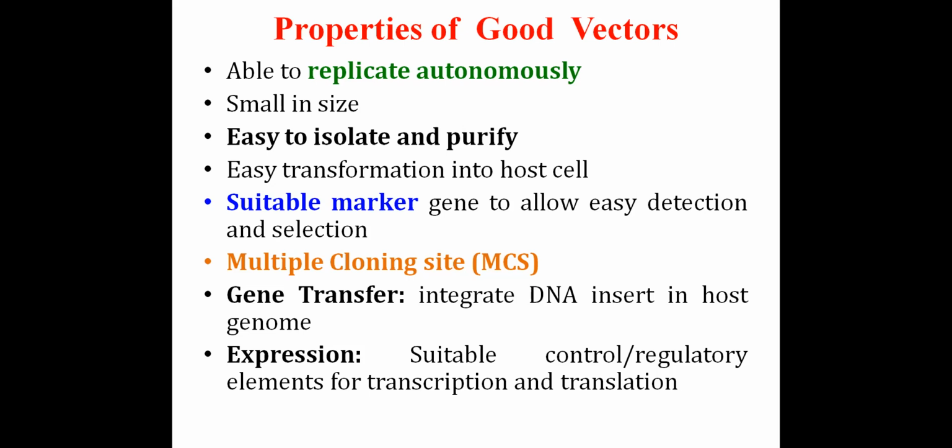But there must be some fragment where there are sites for different types of restriction enzymes. So when there is a site for a restriction enzyme, you can cut your insert, means the gene of interest, as well as your vector with the same restriction enzyme. So it will generate the same restriction ends for ligation. So it must carry a multiple cloning site.